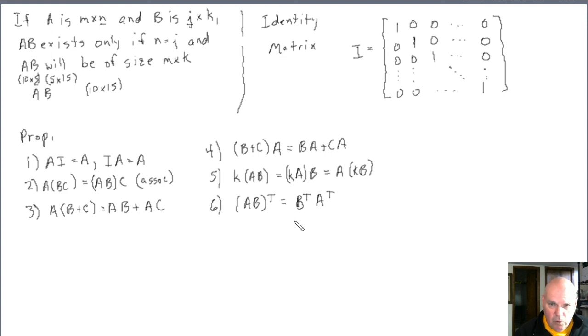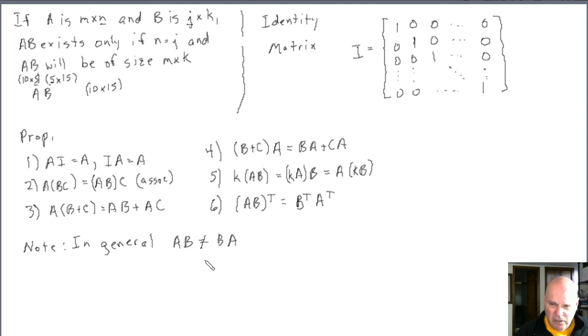Now, one important property here that is not listed because it's not a property is that in general, AB is not equal to BA. In other words, matrix multiplication is not commutative.